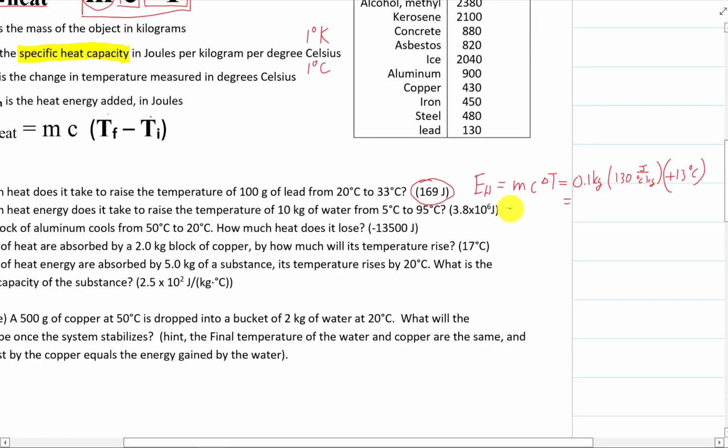Same formula, and the mass is 10. The specific heat capacity of water is 4,200, and that goes up 90 degrees.